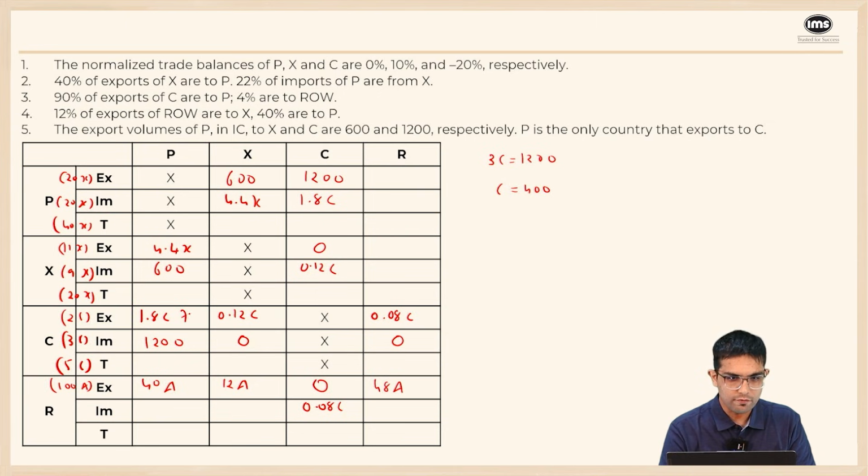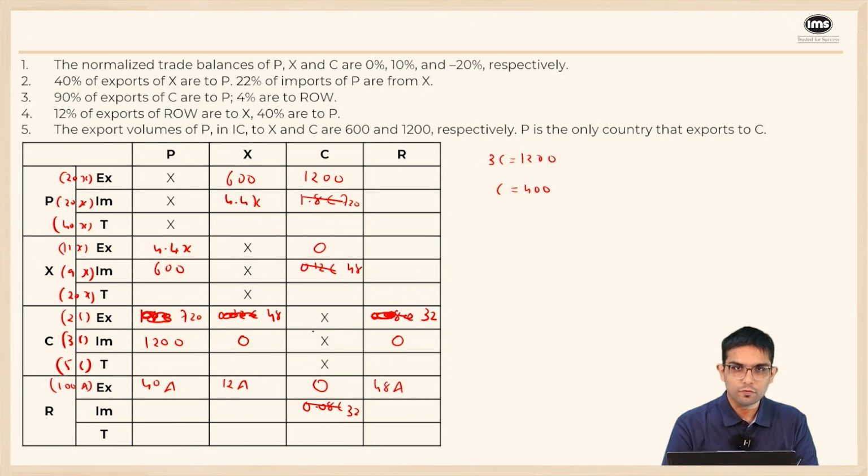This will become 720, this will become 48, and this will become 32, right? And hence these will become 720, 48 and 32.